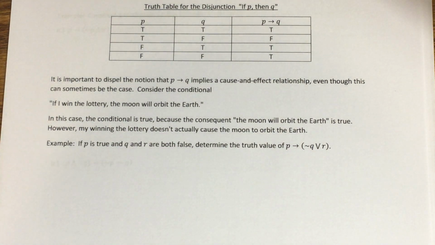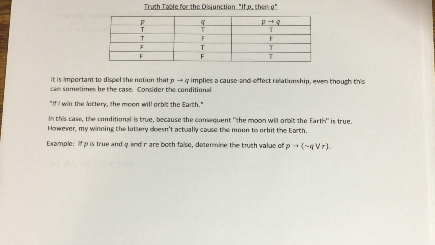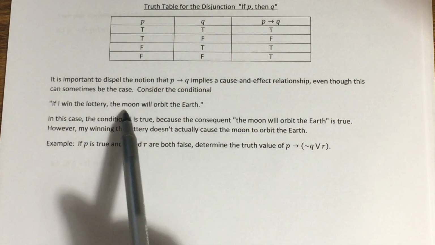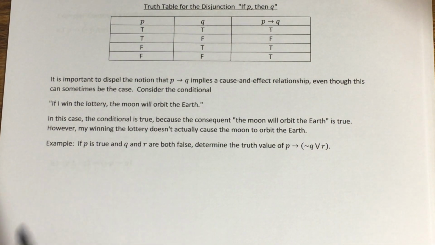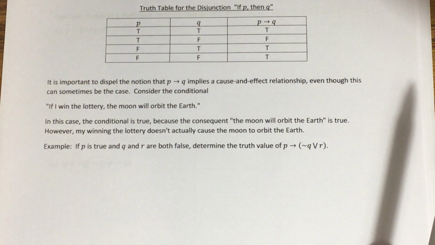Is this statement true or false? Well, what's the antecedent? I win the lottery. That can be true or false. It will most likely be false. I will most likely never win the lottery. What's the consequent? The moon will orbit the Earth. That's true always. That's a guaranteed truth. That's definitely happening. So what rows in my truth table could this refer to?